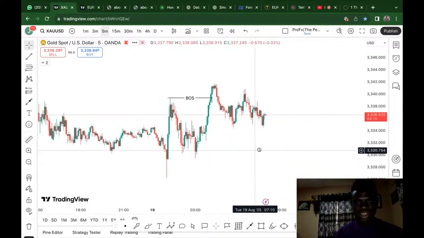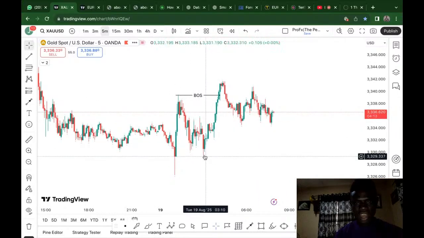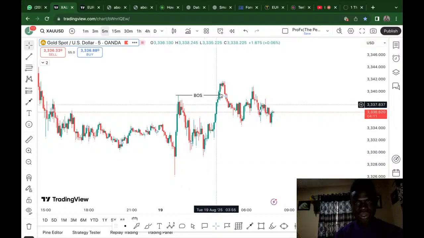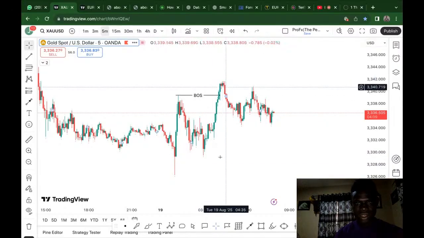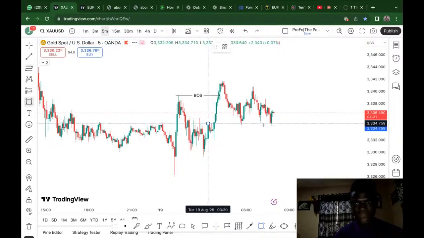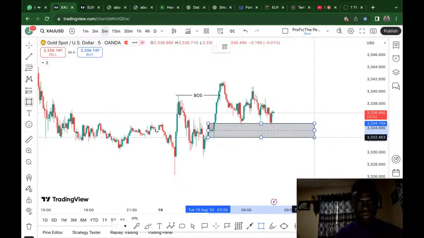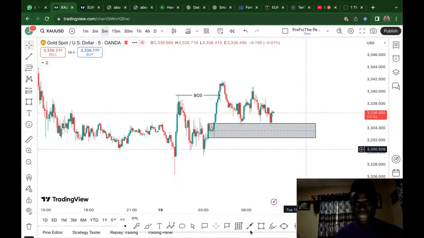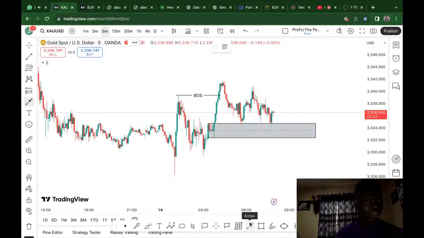Okay, look at the structure. This is the higher low that created the higher high. Is this a sweep? Yes. Break of structure? Yes. And price is first back to this. So we have the same thing here again.